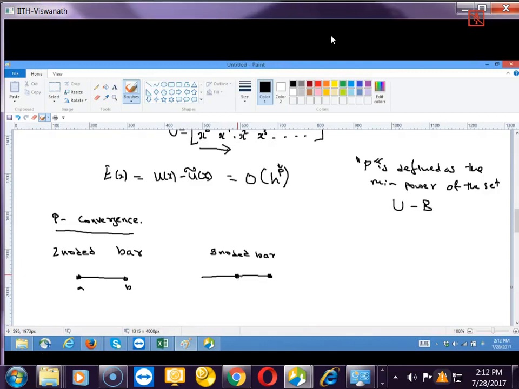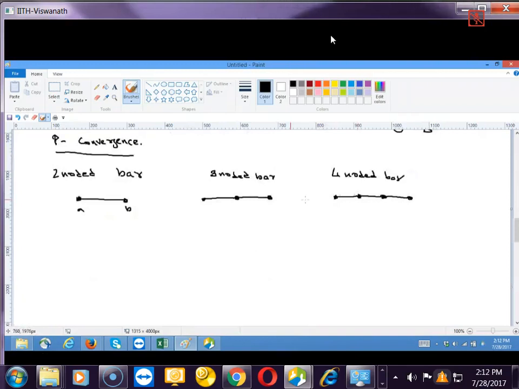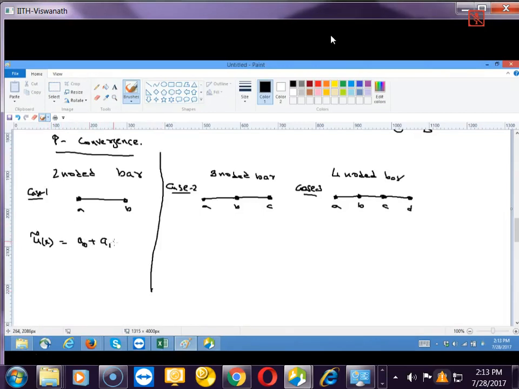A four-noded bar. So in all the three examples, case 1, case 2, case 3, your interpolation function would be, in this case, a naught plus a1x.